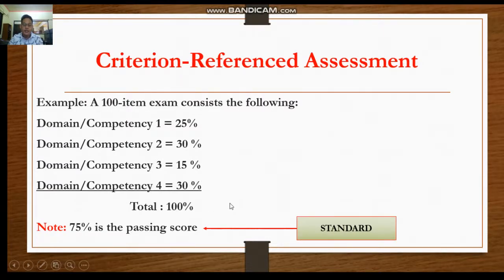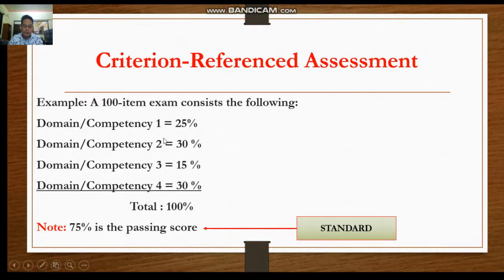So, the student needs to get 75% of the total competency percentage of this exam in order to get a passing score. So that is now our standard, no?